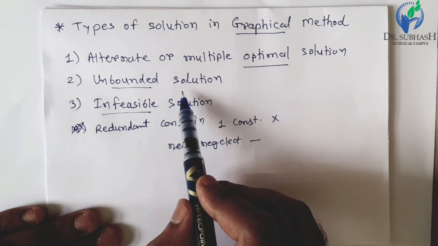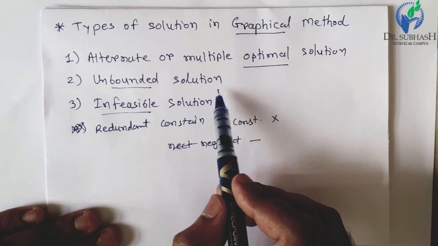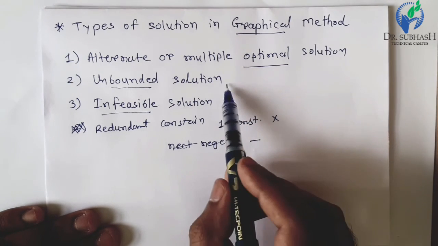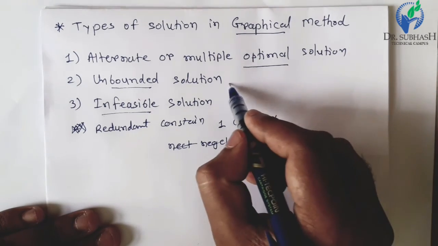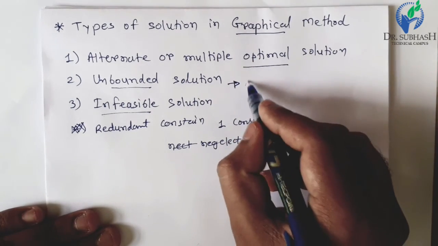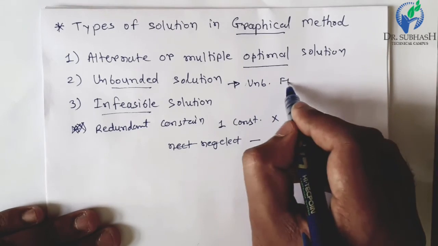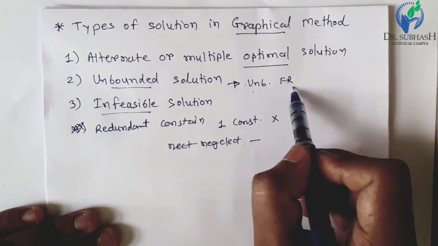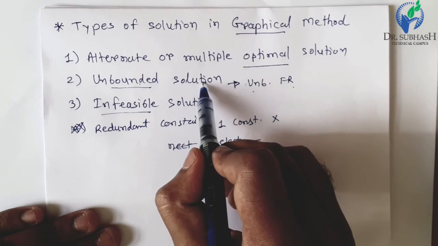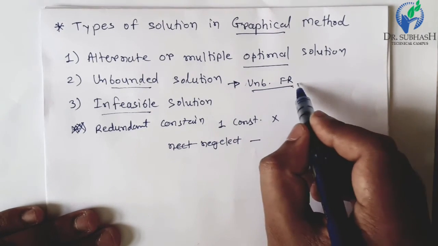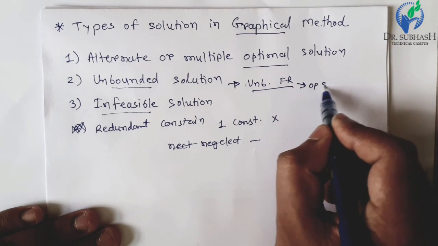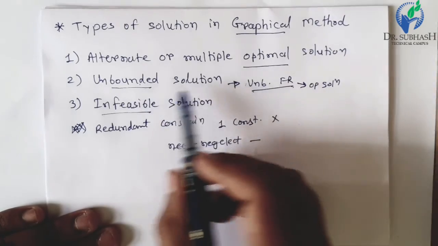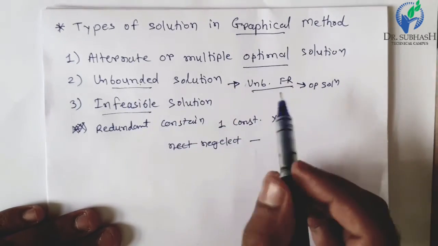In this type of solution you get either a maximum or minimum of infinite value of the objective function. We have also studied the unbounded feasible region. There is a vast difference between an unbounded feasible region and an unbounded solution, because an unbounded feasible region may have an optimal solution, but an unbounded solution does not have any optimal solution.